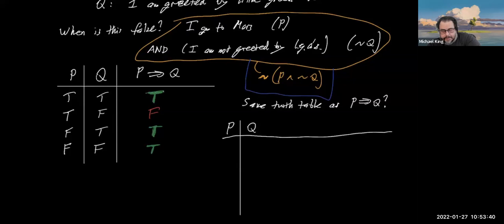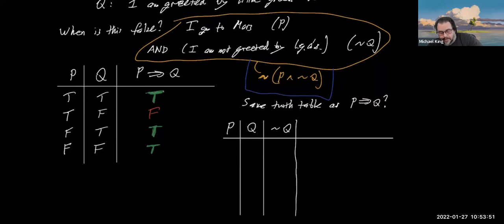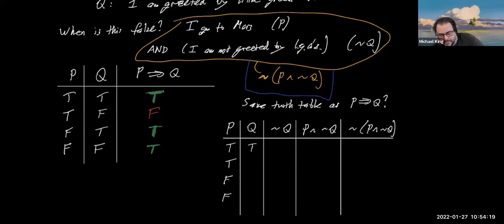So let's actually build the truth table for this. So not Q. Then the next step could be P and not Q. And then the negation of that, not parentheses P and not Q. So build this truth table and see if you get the same thing as the truth table for implies.